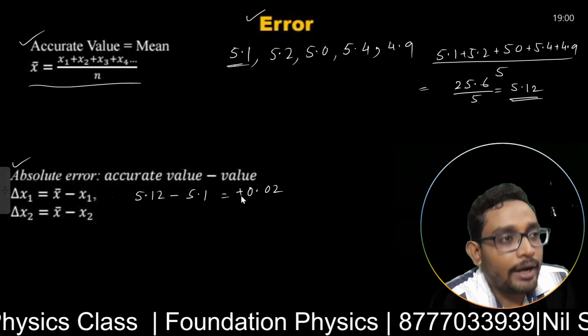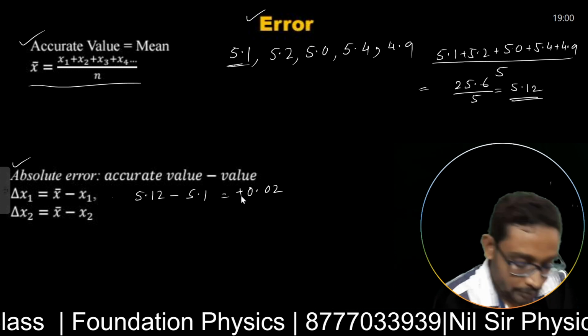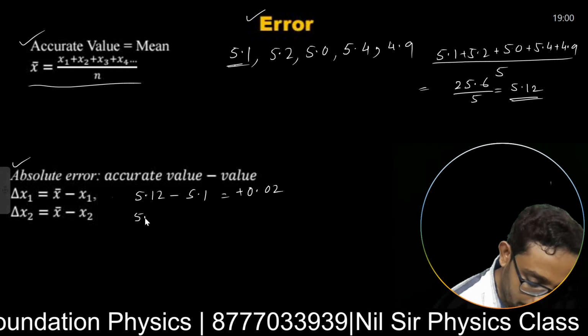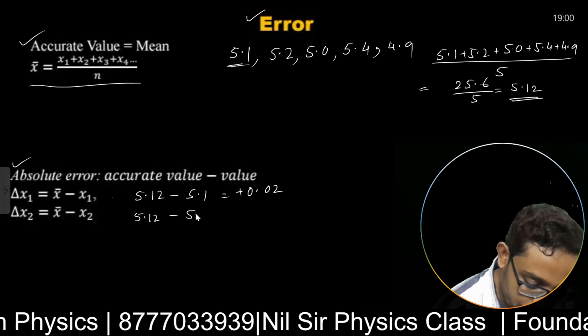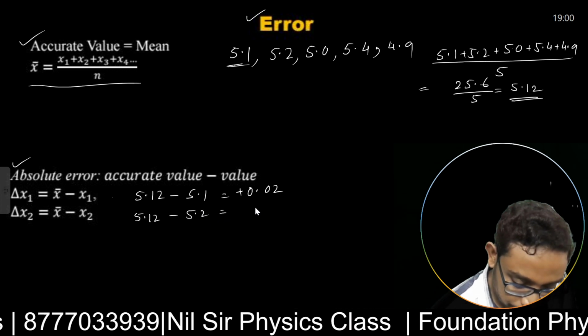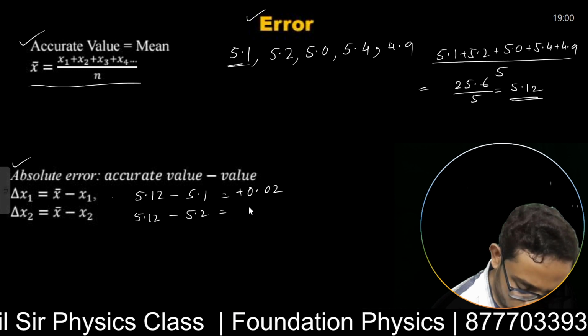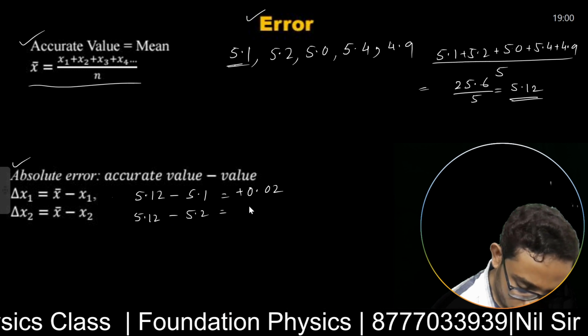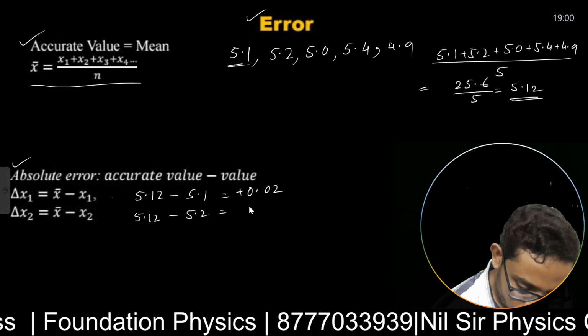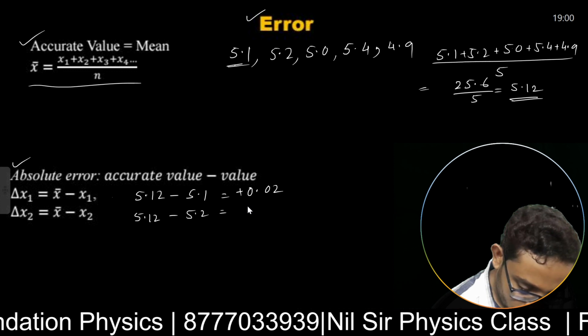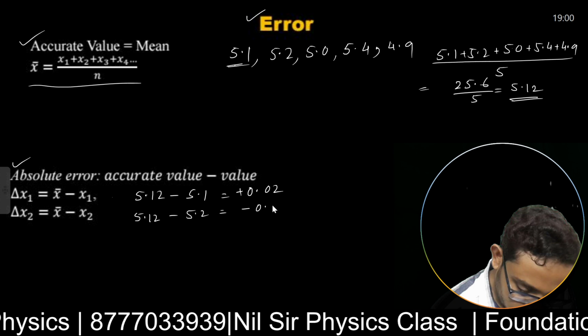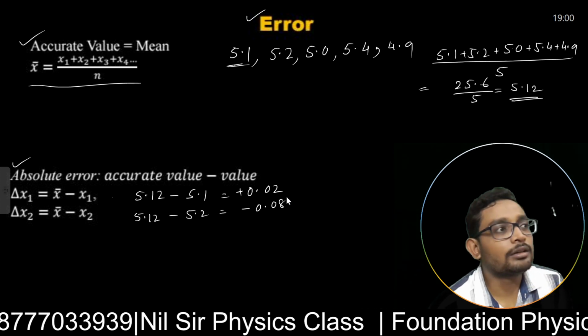Got the value here, right? Now in case 2, 5.12 minus 5.2, which is equal to minus 0.08. Am I correct?